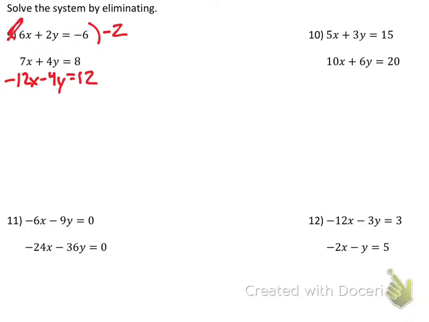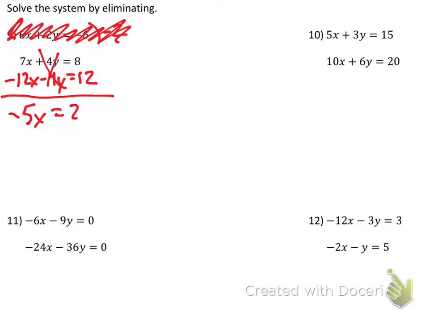So then for now, I'm done with this equation. I'm going to add this downwards. So 7x minus 12x, or 7x plus a negative 12x, is going to be negative 5x. These cancel, and then 8 plus 12 is equal to 20.